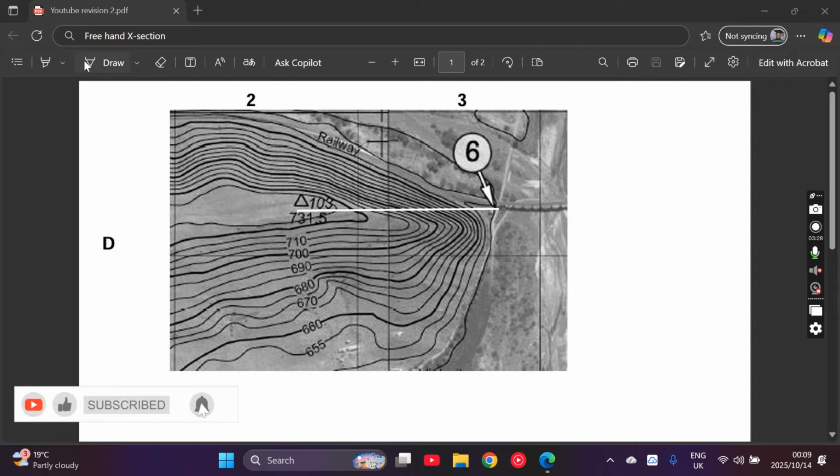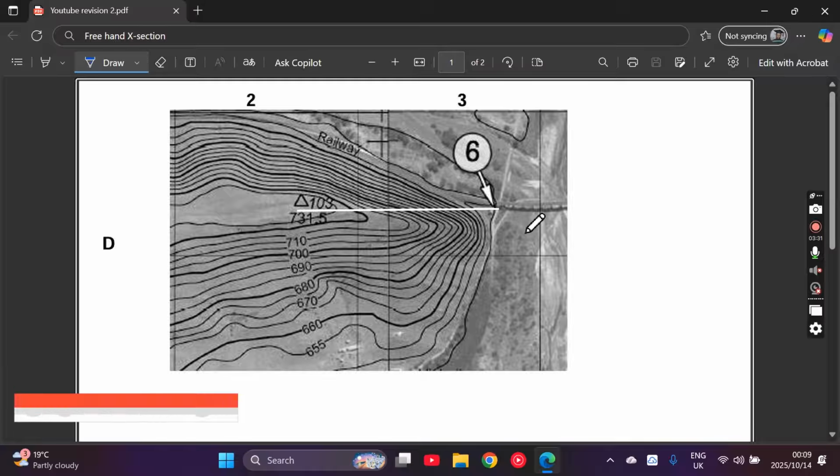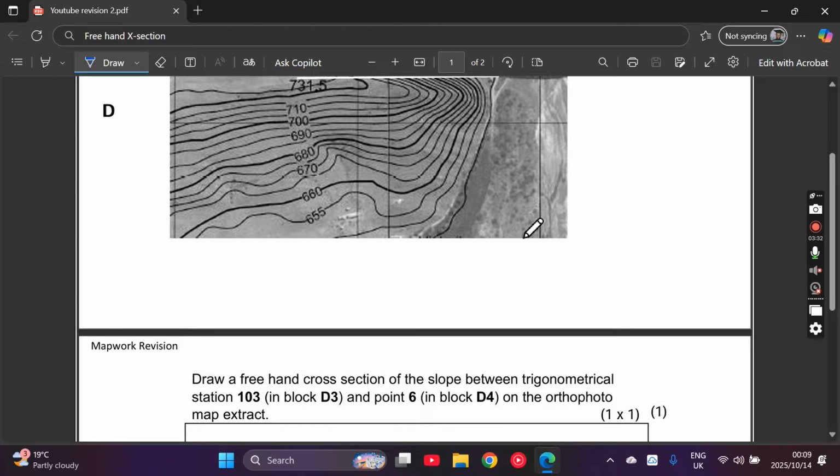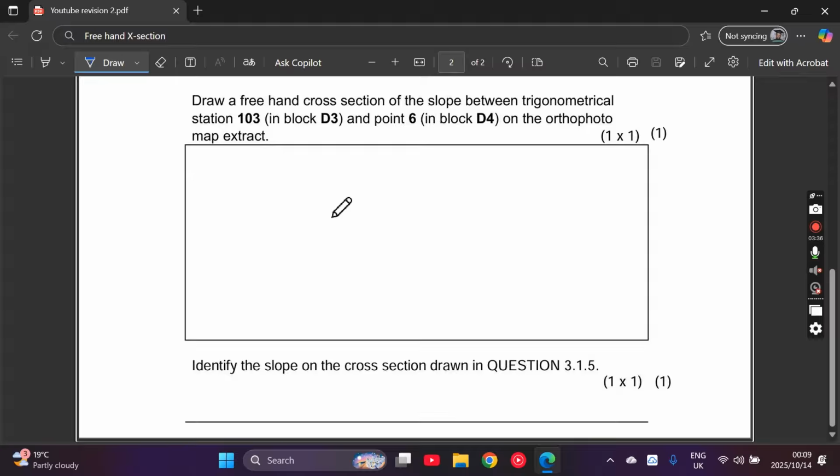So how will my cross section look? It will look something like this. I'll have the top part of the slope, and going towards the bottom of the slope, remember it's a convex slope, so I'll have something of that nature like this.